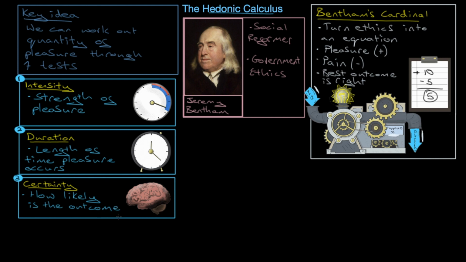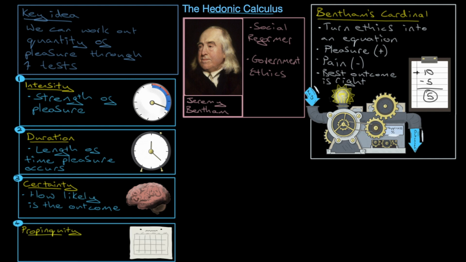So you've got to factor in ones that are definitely going to produce a lot of pleasure or some pleasure, as opposed to those which may produce an extreme amount of pleasure. Like if you buy a lottery ticket, right? The intensity and duration would be huge if you win, but the certainty is pretty low, I'm afraid to say.